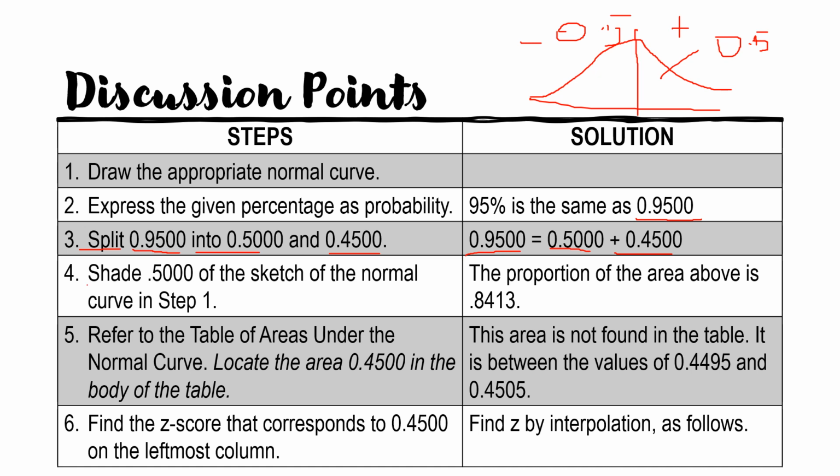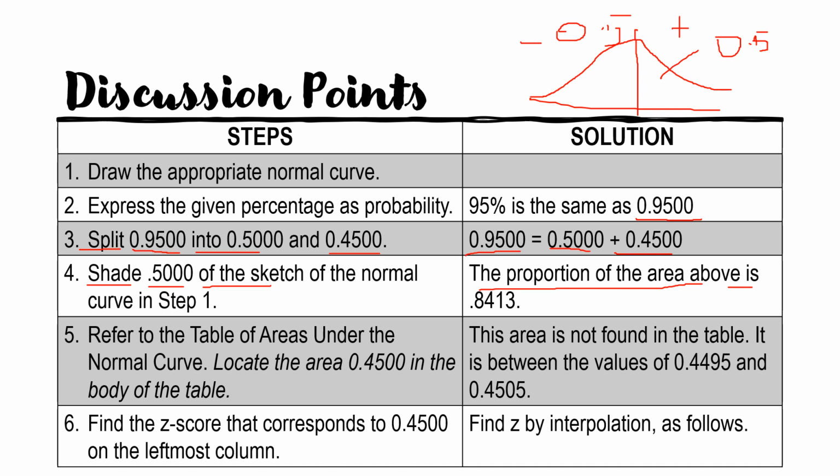For number 4, shade 0.5 of the sketch of the normal curve in step number 1. So the proportion of the area above is 0.8413. As you look in your z table, what will be the value that we can map to 0.8413?